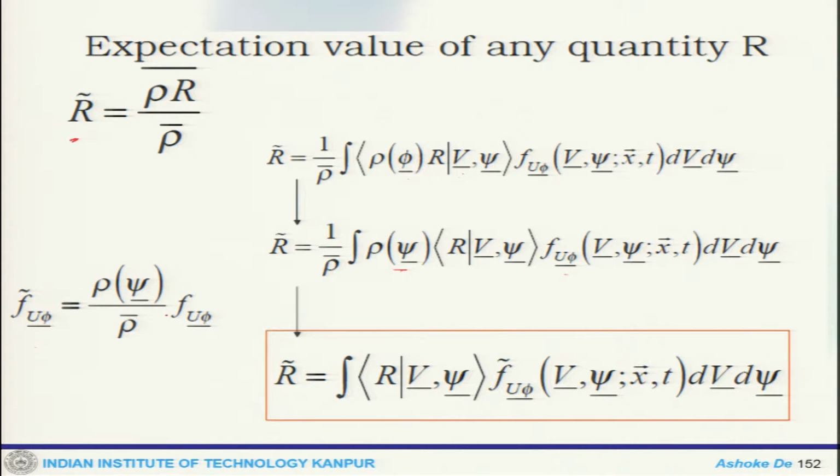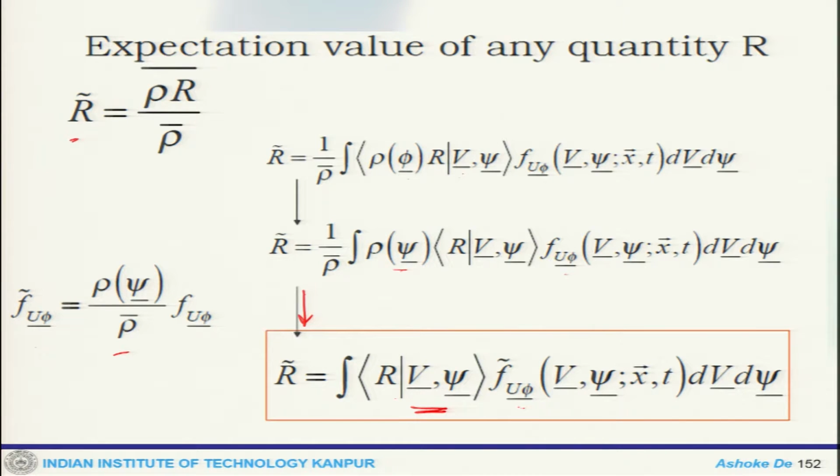And for this velocity composition PDF, the density average boils down to R conditioned at V and psi, times the mass density function, dV and d psi. So, this is where the density weighting helps to find the expectation value conditioned at V and psi.